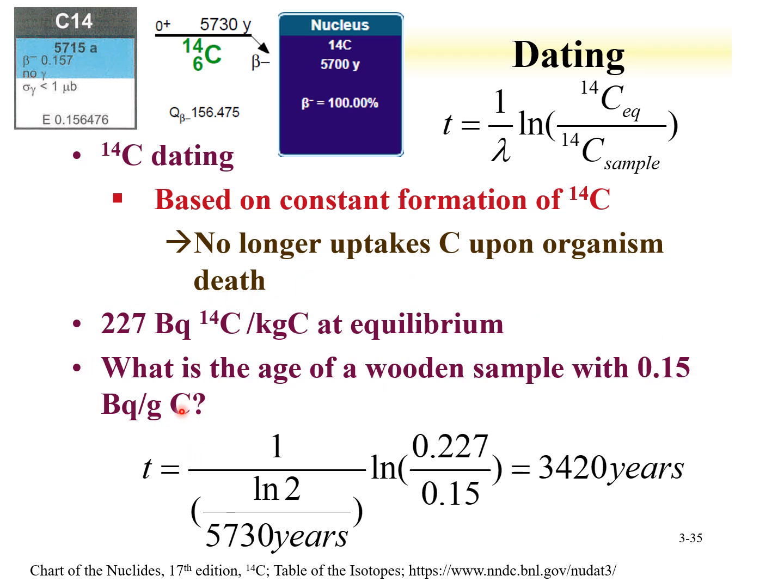This is 227 becquerel per kilogram, so we need to make it per gram, so it's 0.227 becquerel per gram. Let's rearrange these equations, and we get the natural log of 0.227 divided by 0.15, and we get 3,420 years. So carbon-14, 5,000 year half-life, is reasonable for doing carbon dating on that order, so thousands of years.